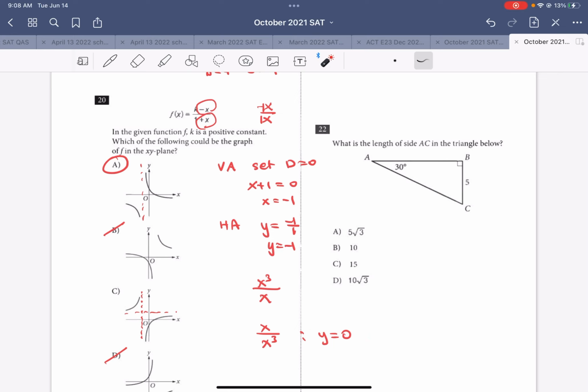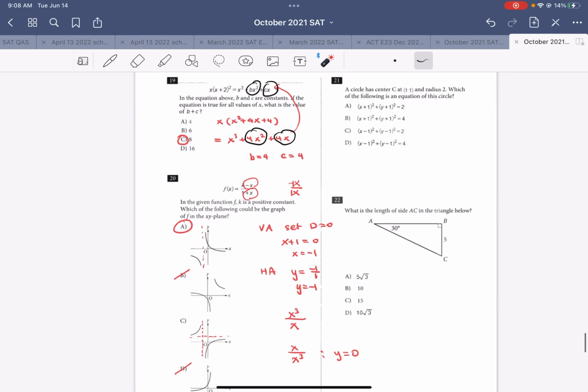I'm talking about the horizontal asymptote. If it's the same power like this, then take the coefficient of the highest power term. So in this case, y equals negative 1. If the numerator is heavier, then you're not going to have a horizontal asymptote. Okay, three scenarios. Make sure you know that.